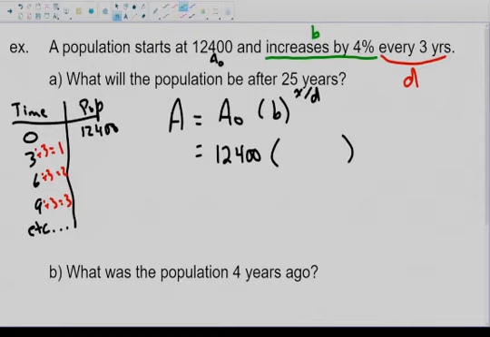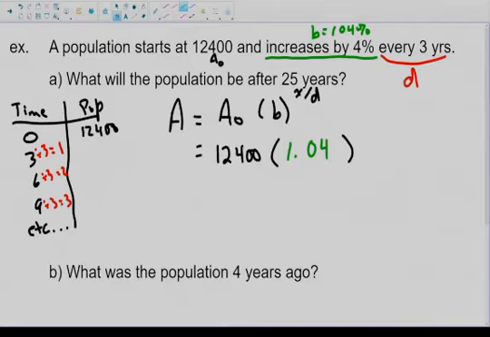So increasing by 4% means what percentage? The new percentage is 104%, and this is what I mean by it's always based on 100%. Okay, it's always with respect to 100%. So it's 104 because it's 100% of your original value plus 4% of your new value. And what we put in the bracket, therefore, is 1.04, because you can't write a percentage in an actual equation. You have to convert it to a decimal.